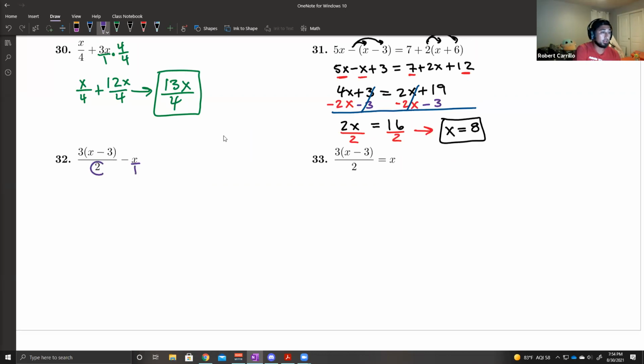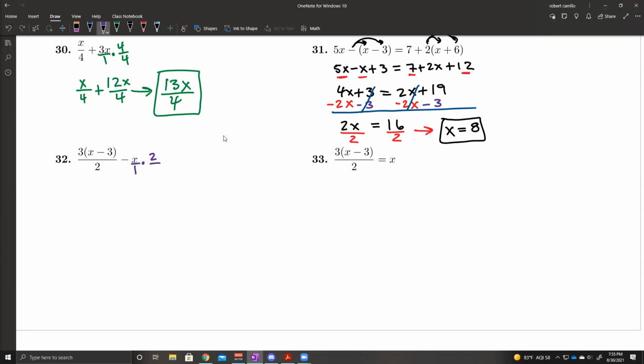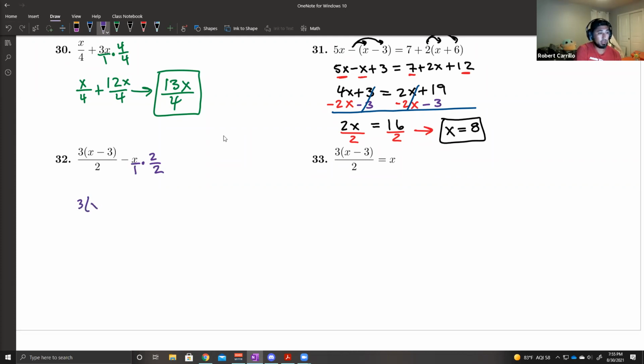And what is our common denominator between 1 and 2? 2. So multiply this by 2 over 2. And I'm just going to write this step by step. You have 3 times x minus 3 over 2 minus 2x over 2.